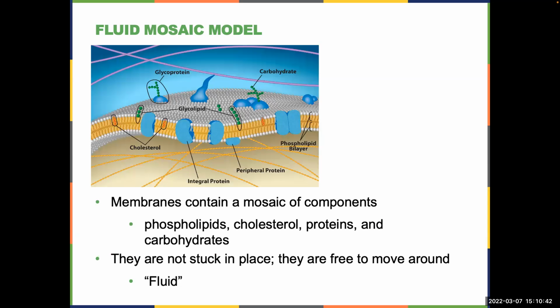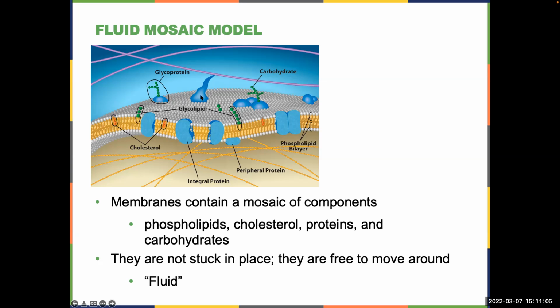Okay, so as it mentioned, the fluid mosaic model is the ability of most of the proteins embedded in the membrane to move around. So here's a protein with a sugar attached to it called a glycoprotein.